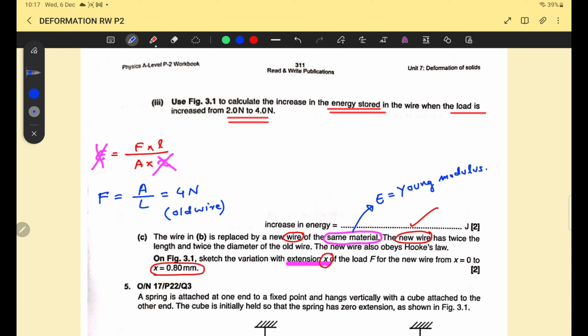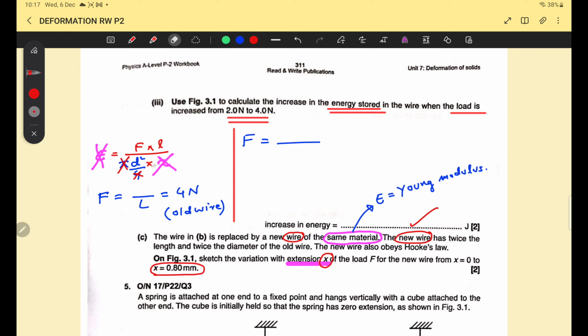And now we are working on the new wire. Nandini, as you gave me a wrong answer, I am asking you. Yes beta, F is equal to A upon L. And in this question, remember, area is not given. In this question, you are given diameter. And you know that area is equal to pi d square upon 4. And pi is constant, force is constant.